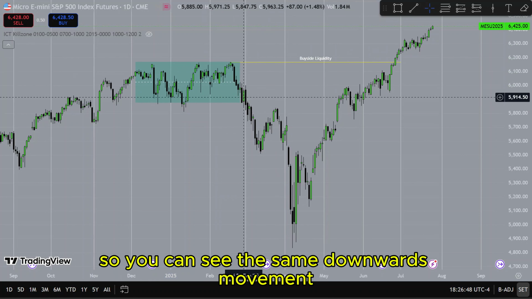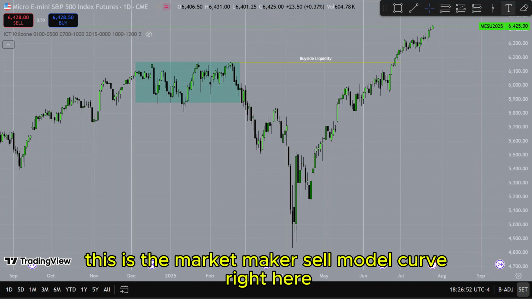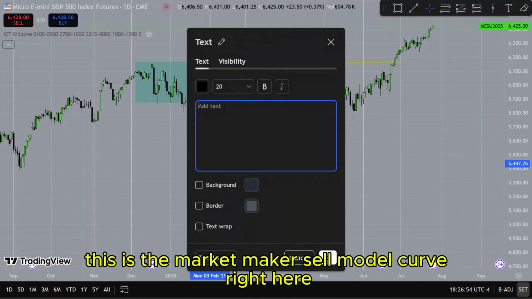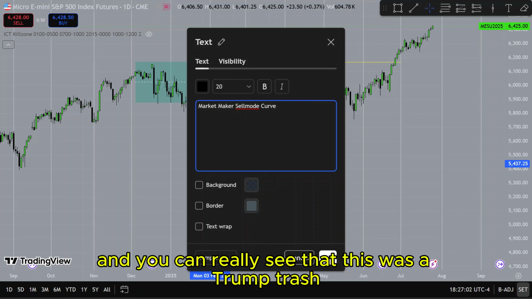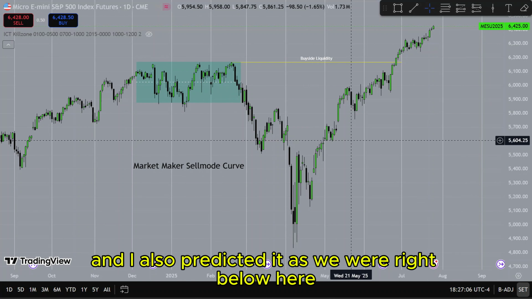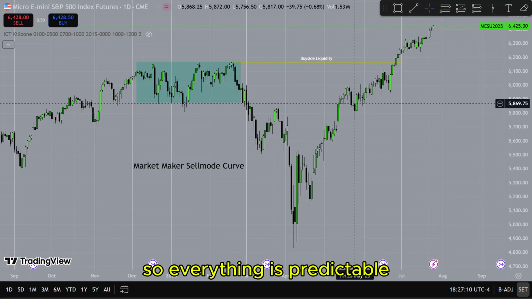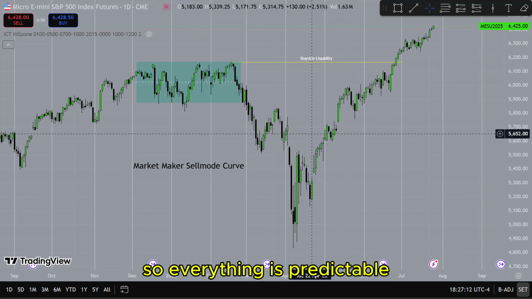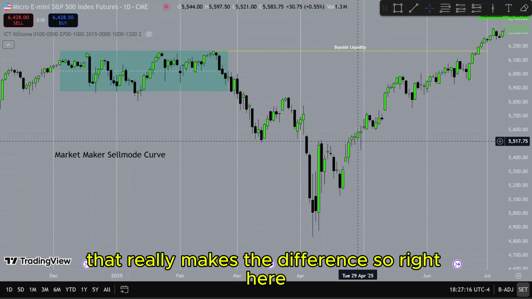So you can see the same downwards movement. This is the market maker sell model curve right here. And you can really see that this was a Trump crash and everything of this was predictable. And I also predicted it as we were right below here. So everything is predictable with these market maker models. It's the ultimate ICT model that really makes a difference.